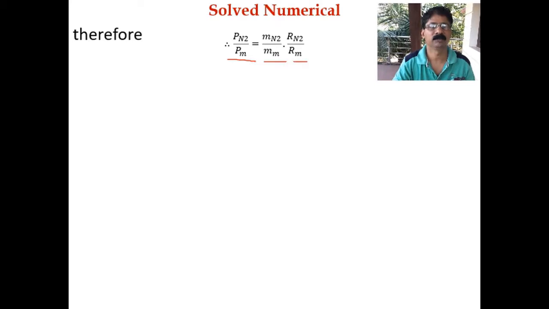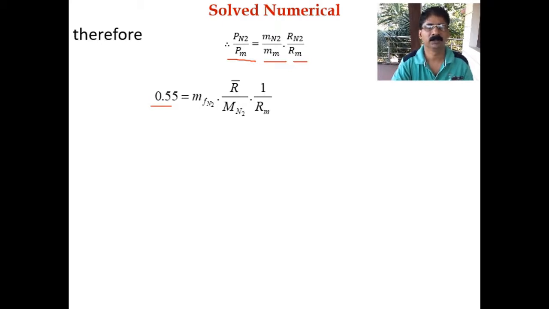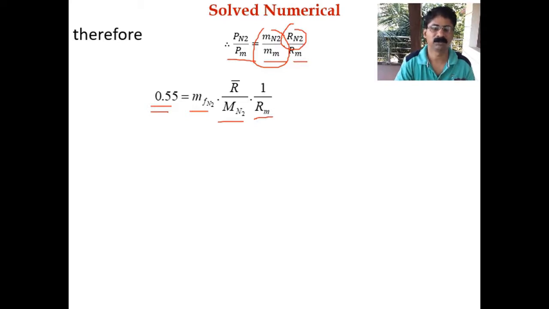Here this ratio, PN2 by Pm, is nothing but the volume fraction or the mole fraction, given as 0.55. mN2 by the mass of the mixture is nothing but the mass fraction of N2, and RN2 you can write as R bar by MN2, and 1 by Rm as it is. This equation we already used in one of the earlier problems.